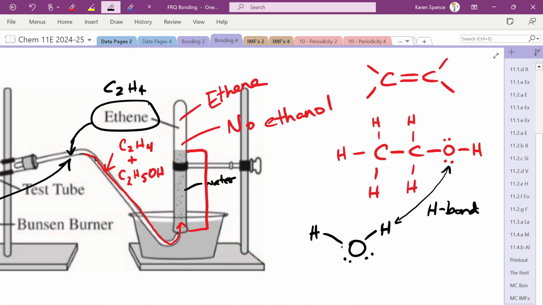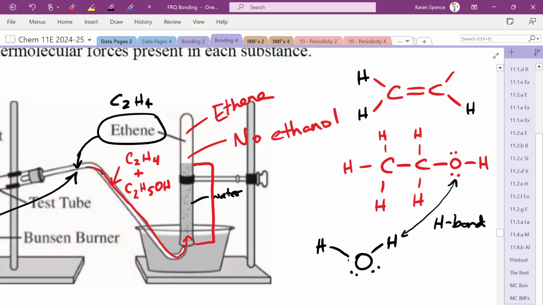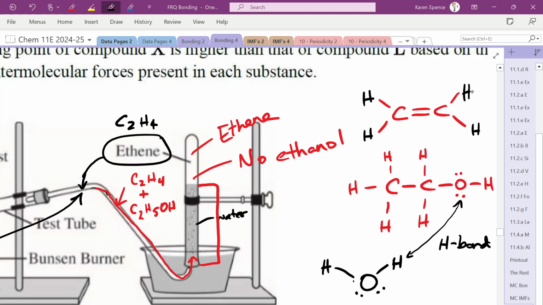But what about the ethene? Will the ethene dissolve into the water? No, because ethene is nonpolar. Would water rather stay with water or ethanol, or would it rather pair up with somebody who's nonpolar? What's more attractive to water?